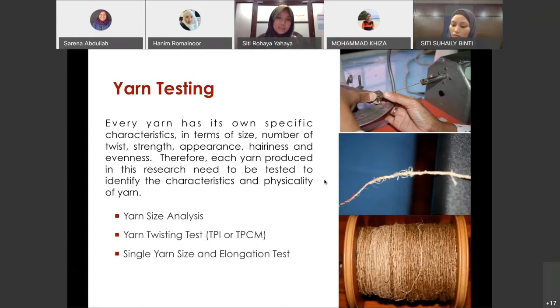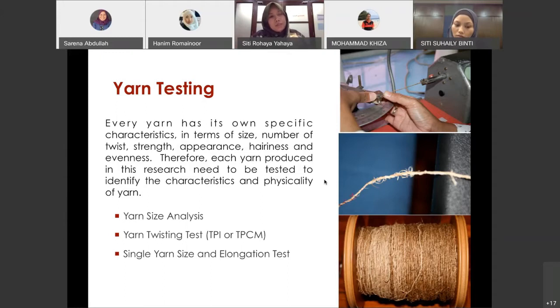In this test, we examine three tests. First is yarn size analysis. Second is the yarn twisting test, where TPI means twist per inch, or TPCM is twist per centimeter. Another one is the single yarn size and elongation test.